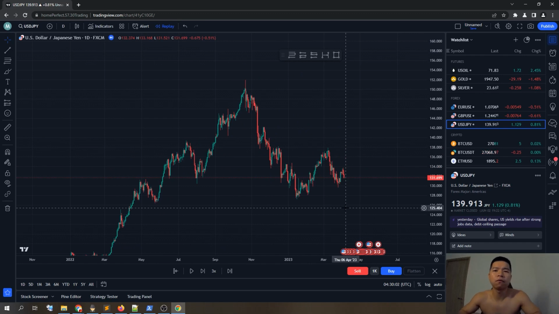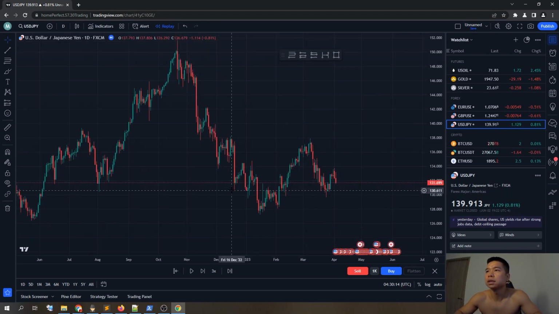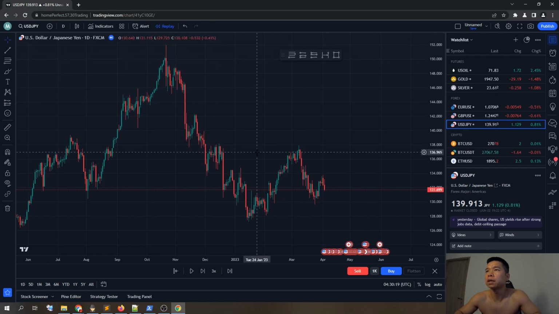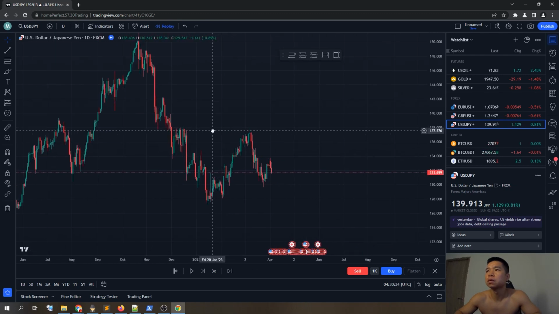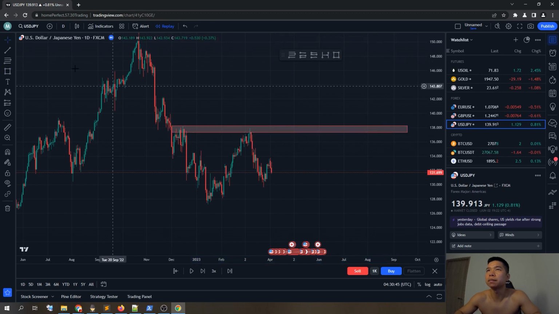I think that for day trading, we don't need to analyze that big, but as we can see, the big one might have been a downtrend. It's a downtrend up here.